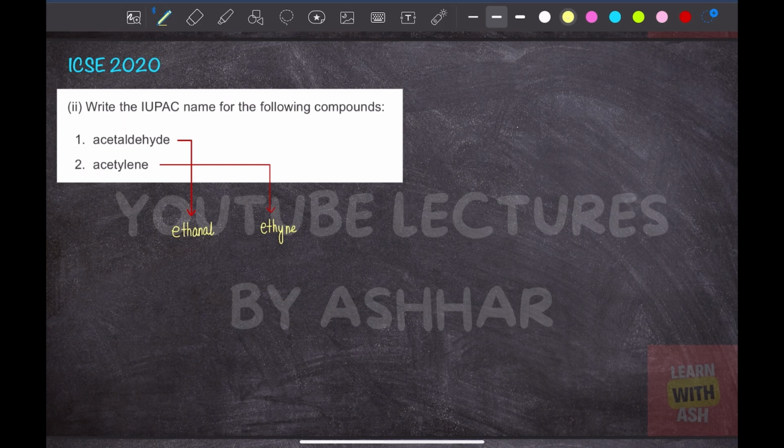For ethanal, it is CH3CHO, which we can write in this manner: C and C, double bond O along with H, this is the aldehyde, and the remaining 3 hands will have hydrogen along with it. Regarding ethyne, it is HC triple bond CH.